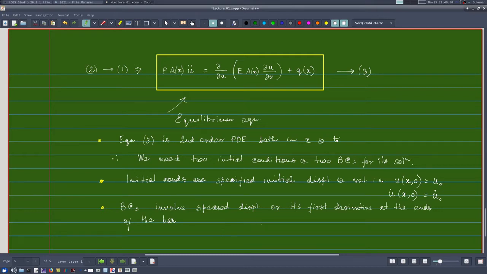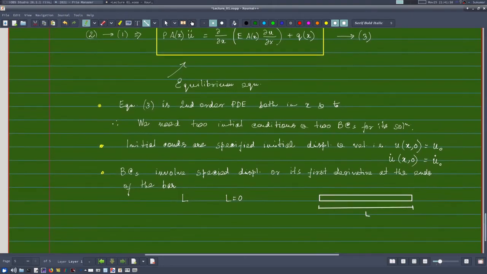So suppose my bar has a length of L. Let me consider a prismatic bar, having an area A, which is constant, and E is constant.